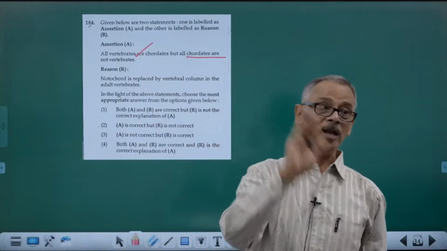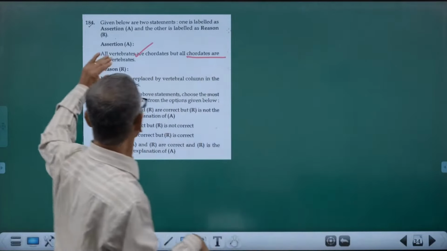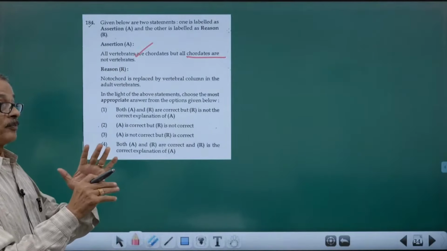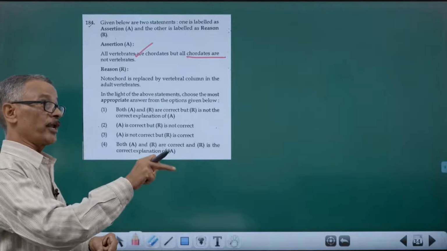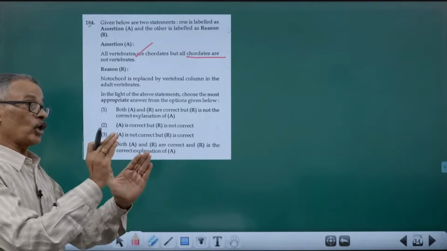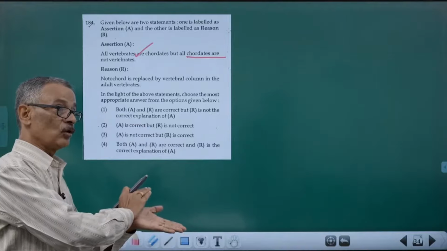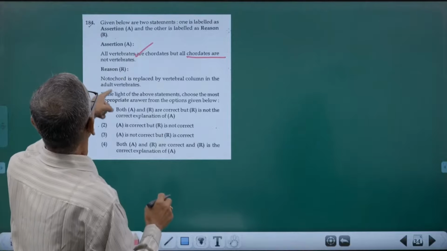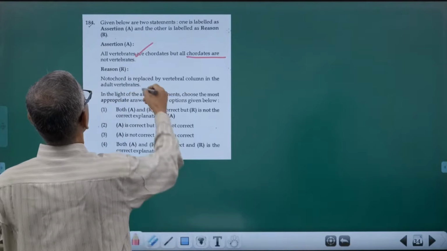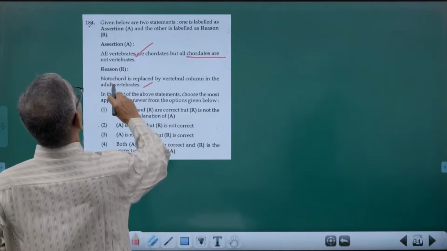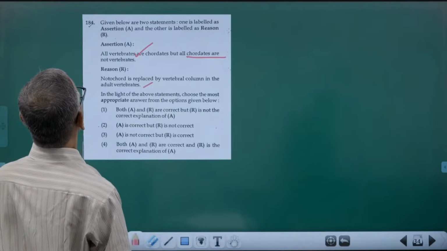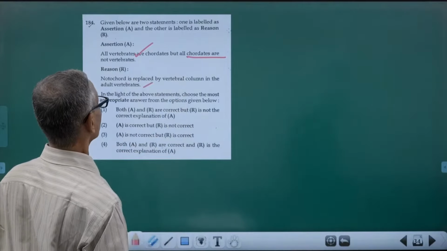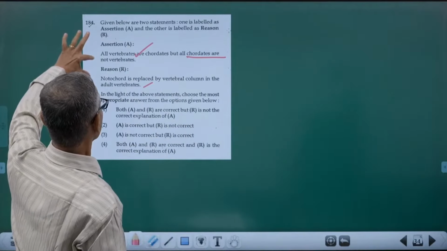That is why all chordates are not vertebrates, but all vertebrates are chordates, because they have a notochord either in the early stage or throughout their life cycle. Notochord is replaced by a vertebral column in adult vertebrates. So that is the correct explanation.